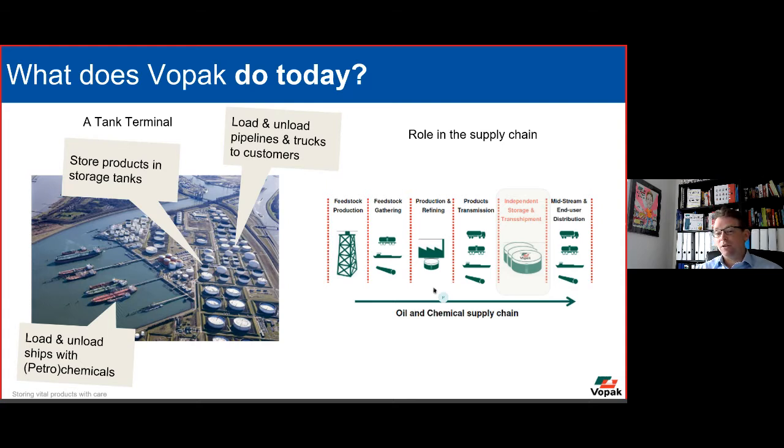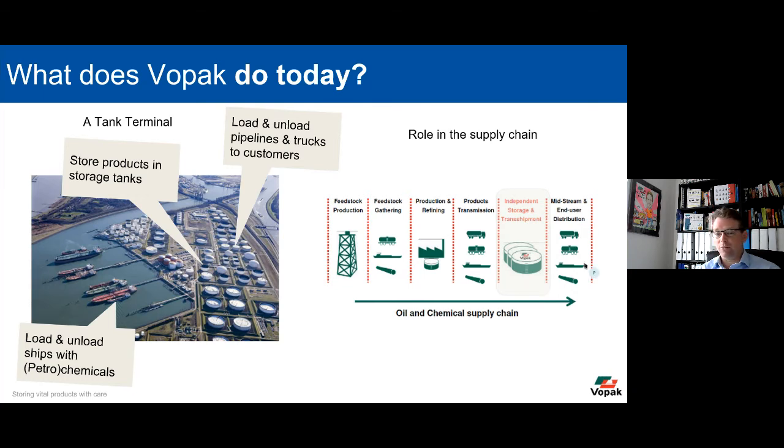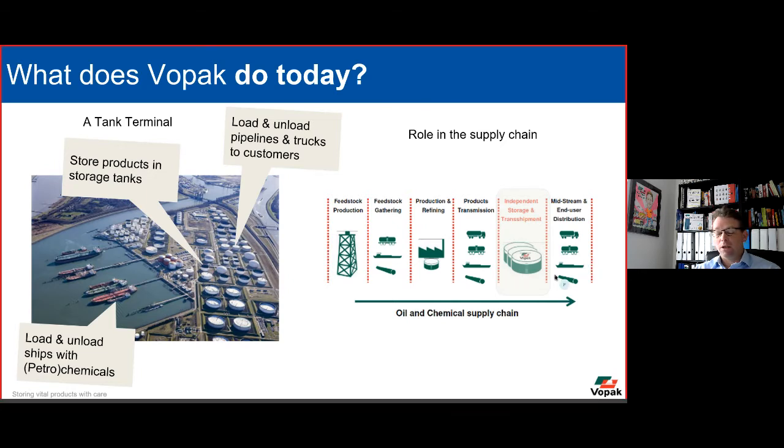That product is then shipped by ships or by trucks or by rail, most likely to Vopak storage tanks, where we store the product safely and finally distribute that to the end customers. So our role really is in this part of the supply chain, and you will see us in ports worldwide.